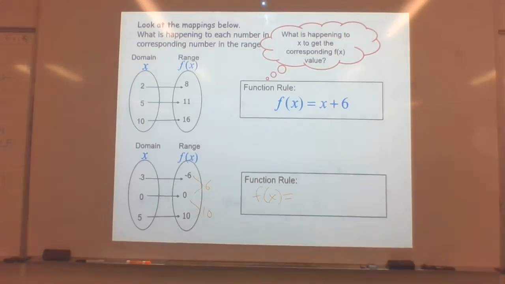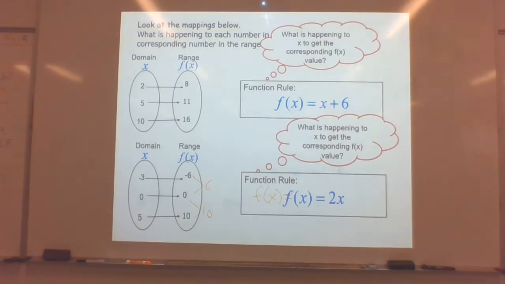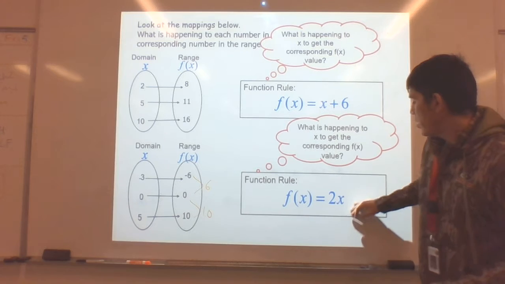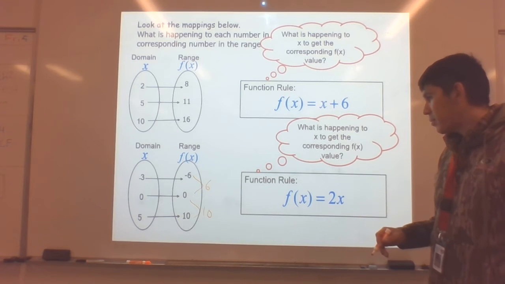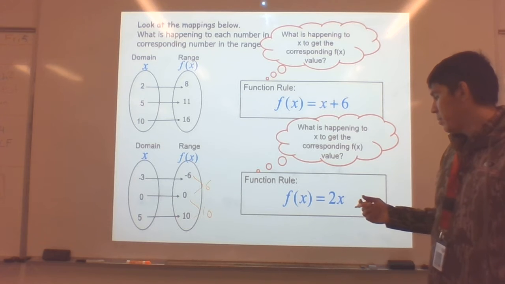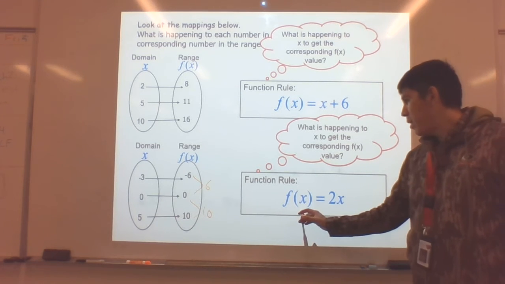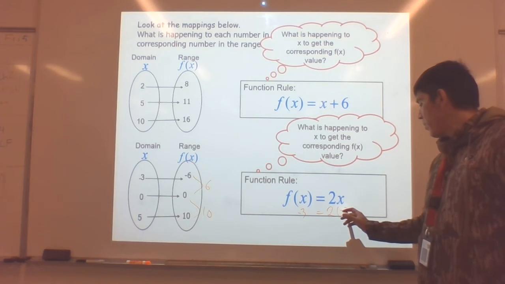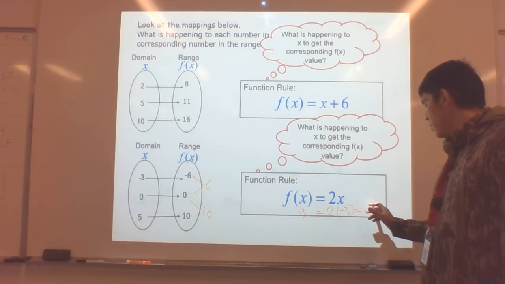Okay, we look at that, and it's going to be f of x equals 2x. So what's happening here is we are simply multiplying by 2. If I plug in my negative 3, I get 2 times negative 3, which equals negative 6.